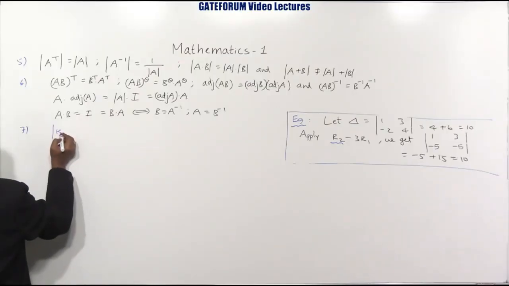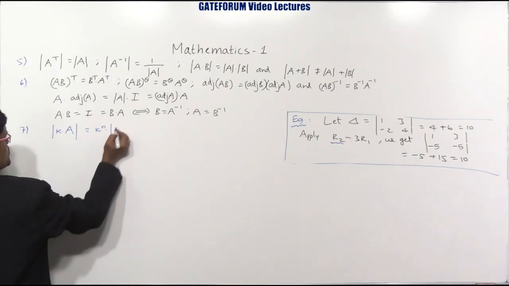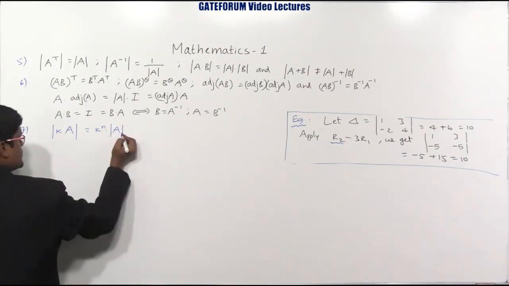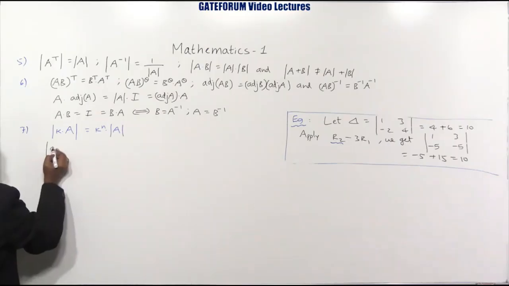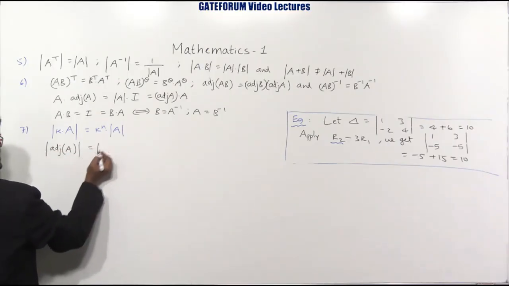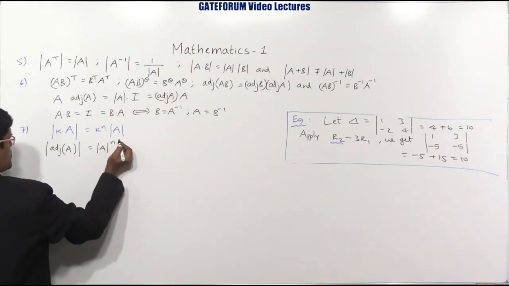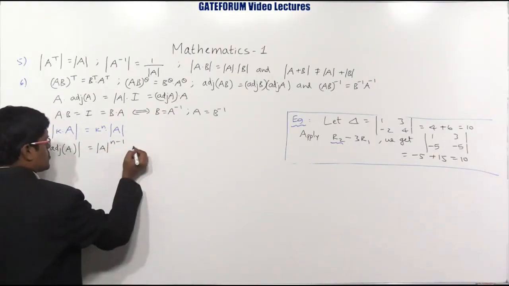Determinant of K into A is equal to K power N into determinant A, where K is a scalar. Next, determinant of adjoint A is equal to det A to the power N minus 1.